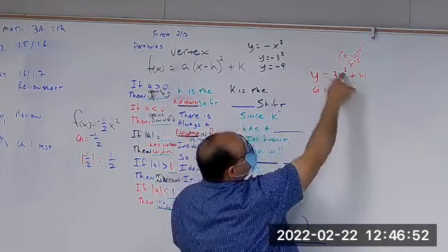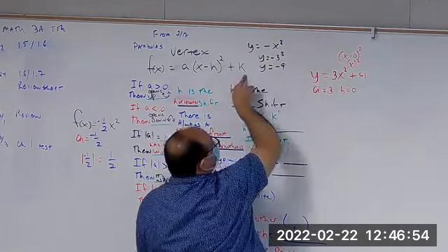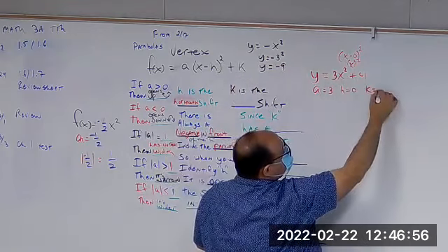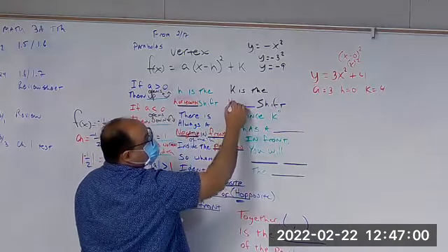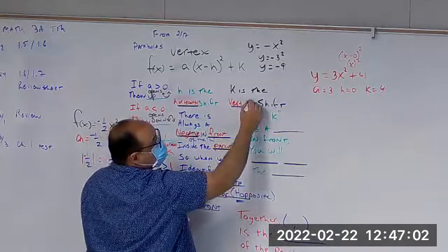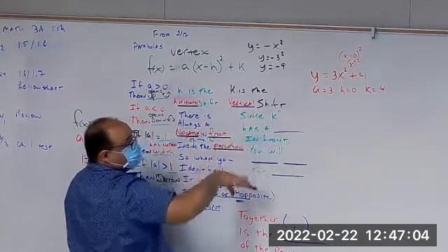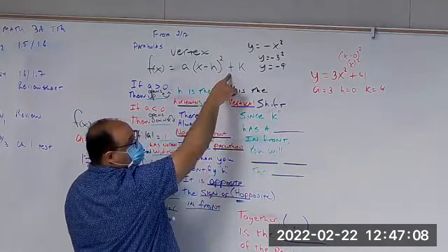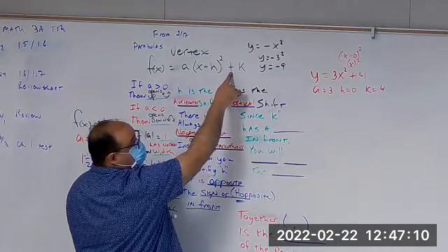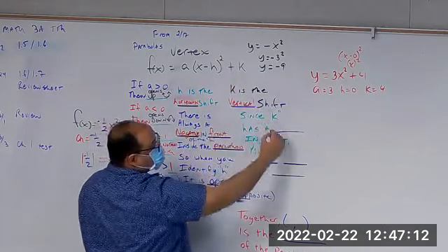This comes after the square, after the square. So K is a +4. K is the vertical shift. It's going to move the graph up and down. Since K has a what in front? A plus.